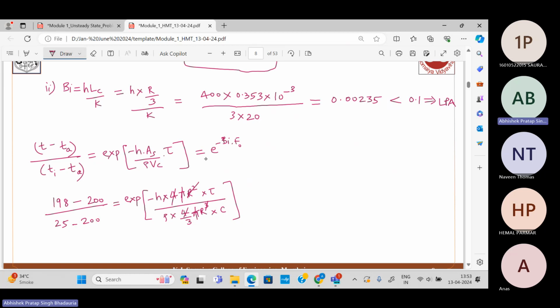Just simplify this. So it will be equal to e to the power minus 3h divided by rho rc into tau, that is, minus 3h divided by rho vc into tau. So we got this expression.